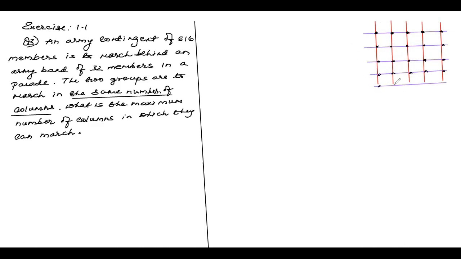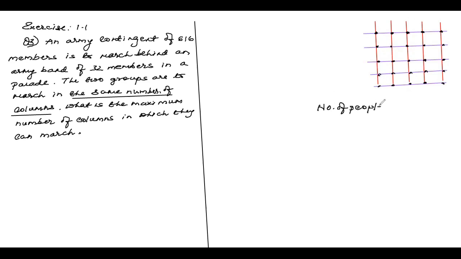So I'll just tell you like this. Children, please have a look here. So simple. Okay, how many number of rows are there? 1, 2, 3, 4, 5. How many columns are there? 1, 2, 3, 4, 5. Oh, that means the total number of people, how do you get it?